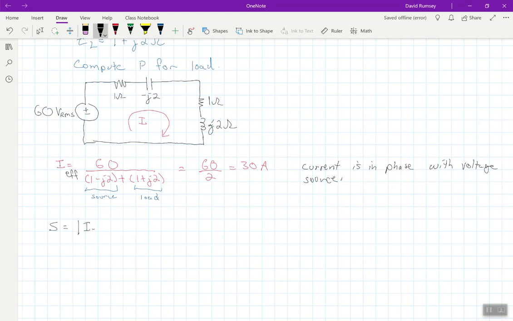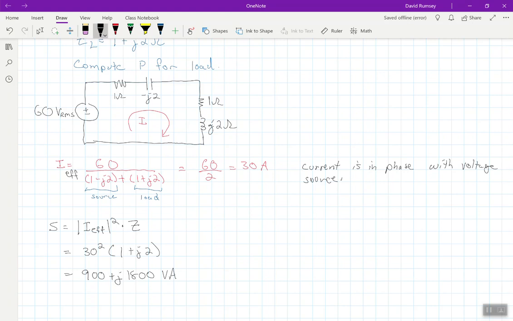Remember, it's the magnitude of I effective squared times the impedance. So this would be 30 squared times 1 plus j2, which 30 squared is 900, right? So this would be 900 plus j1800 volt amp.